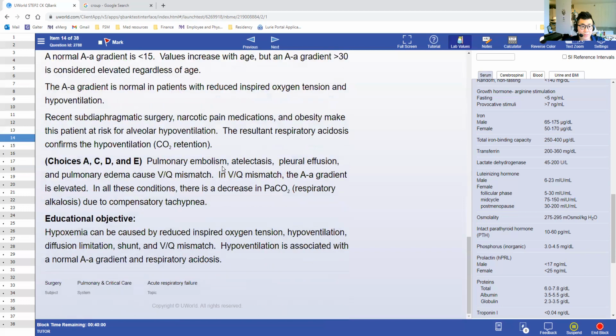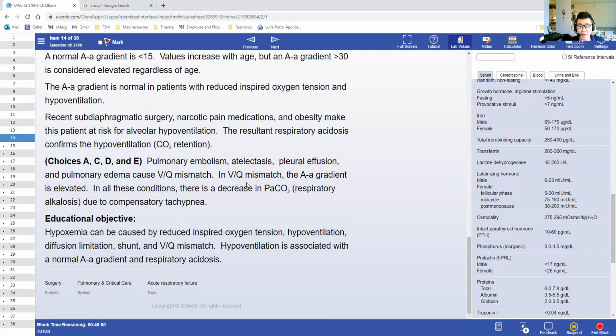I was afraid for a moment it'd be atelectasis. However, with atelectasis, the gradient's elevated. There's a decrease in PaCO2 due to compensatory tachycardia. Okay, so one thing that's kind of interesting here is that in COPD, there's carbon dioxide trapping, and in atelectasis, there is no carbon dioxide trapping.